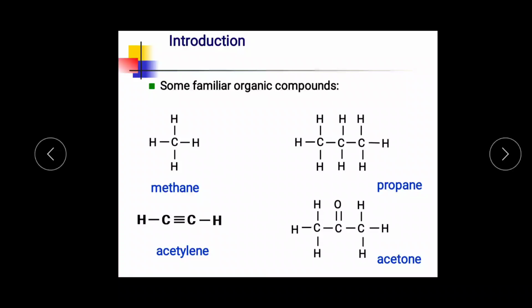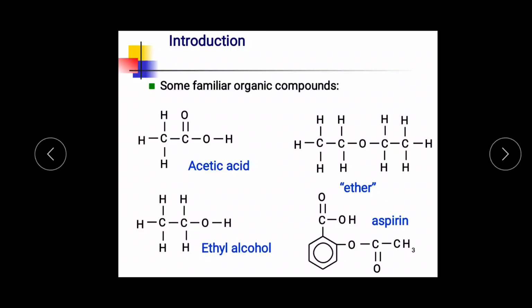Throughout our discussions in organic chemistry, you will know more of these functional groups. Acetic acid, we have COOH. Then ether. And OH indicates that this structure has alcohol.